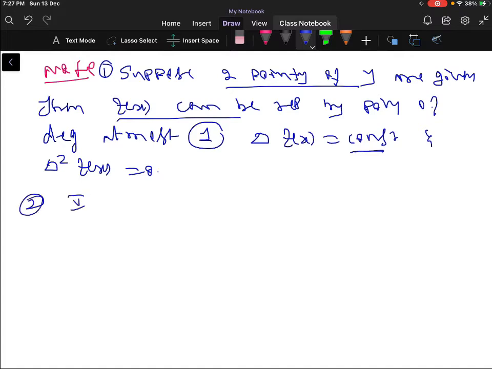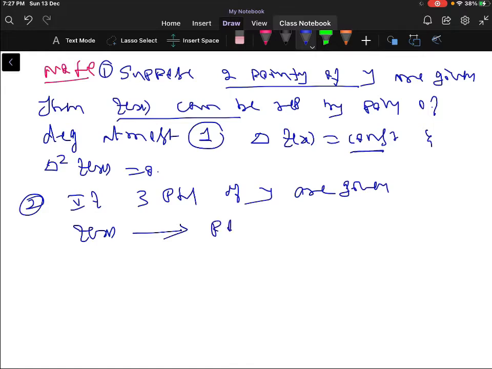Similarly, if 3 points of y are given, then f of x can be represented as a polynomial of degree at most 2.